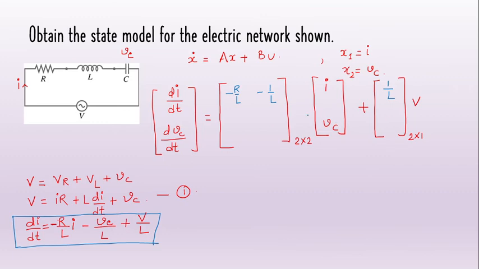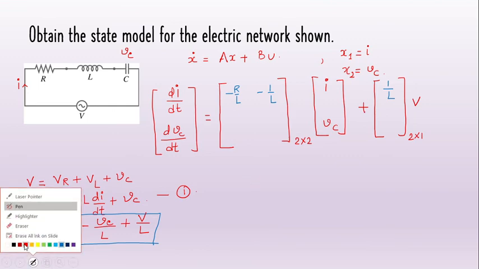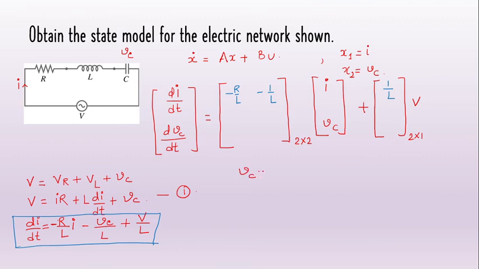How will I fill the second row? How can I get this type of expression? Now I know that current is flowing through this circuit. Now what is current? We know the relations of a capacitor. How can we get VC? Capacitance C is equal to Q by VC, where Q is the charge across the capacitor.